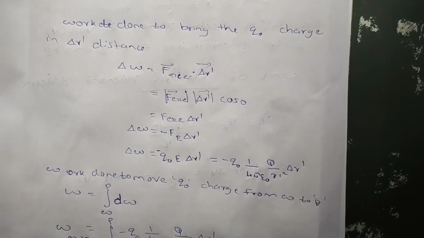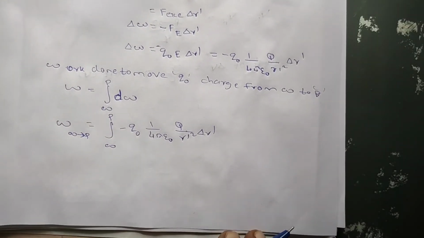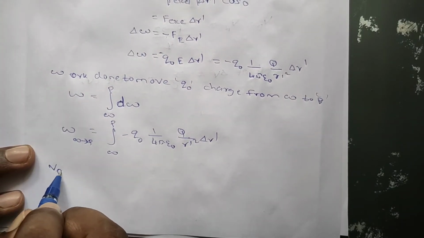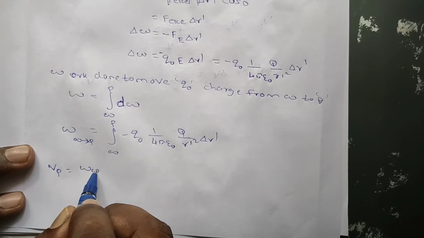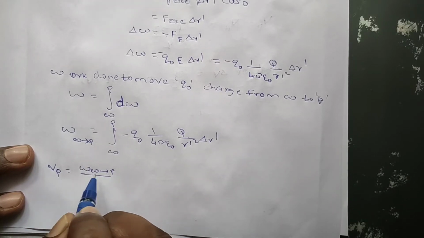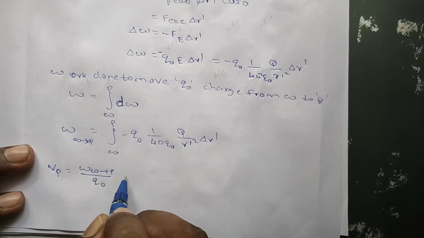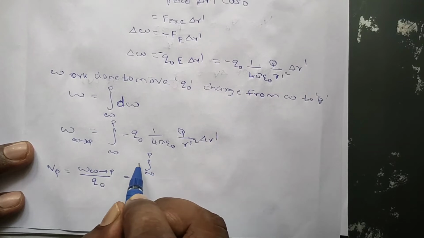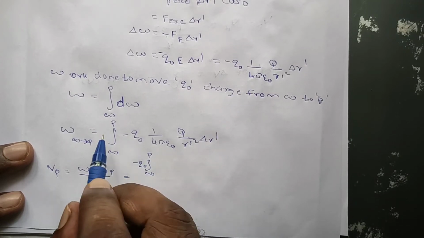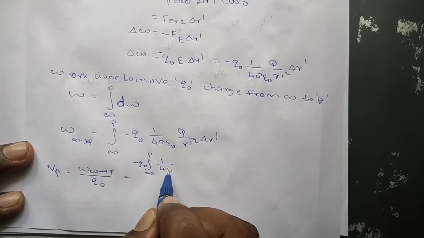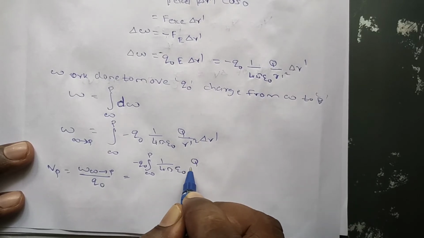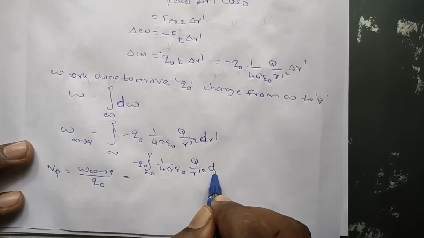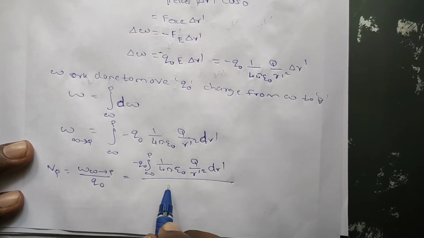Okay. Electric potential means what? Electric potential means work done to bring a unit positive charge. So electric potential at the P point is the work done to bring Q naught from infinity to P, divided by Q naught. So what we'll do? Integration from infinity to P of minus this. Here this Q naught is a constant, I'll take it outside: 1 by 4 pi epsilon naught, capital Q divided by R dash square, in the integration, this is delta R dash, divided by Q naught.